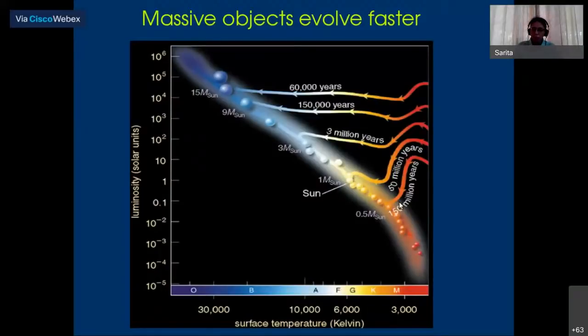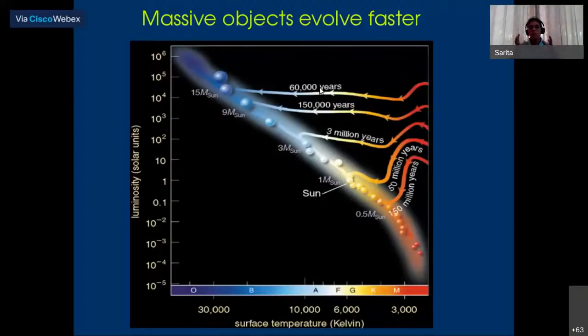If we look at an even lower mass star, like half the mass of the sun, then it takes 150 million years. Now look at 3 times the mass of the sun: it is 3 million years. Around 9 times the mass of the sun, it's around 150,000 years. And if you take a 15 solar mass star, it's 60,000 years. So you get an idea that it takes very short time scales for massive stars to form.